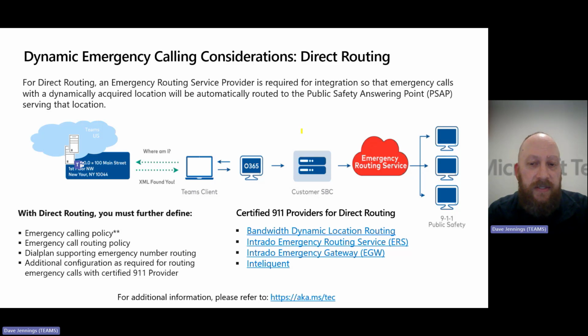For direct routing specifically, this is an additional contractual consideration that you'll have to account for, where basically you'll have to establish as part of your deployment a SIP trunk type connection that terminates into your SBC. But the key here is that just like our list of certified SBC providers, you'll have to leverage one of these certified partners for that emergency routing service instead. So again, it's just another consideration point to factor.